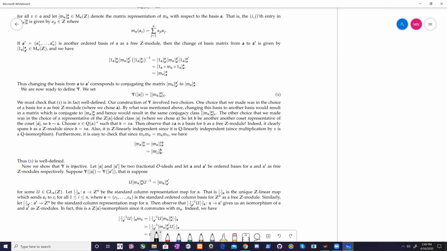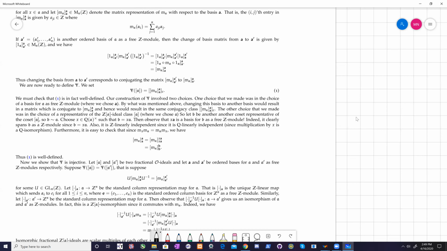And this is just exactly bold B; we just call it bold B. The point is that I'm able to choose an ordered basis for math frac B such that the matrix is the same matrix. So this is well defined. It doesn't depend on the ordered basis that you choose, and it also doesn't depend on the choice of the coset representative of this ideal class.